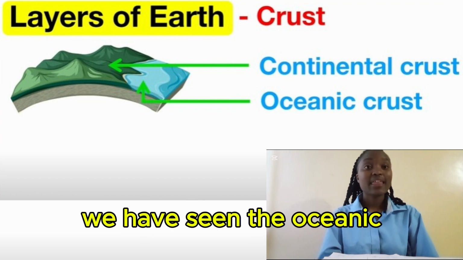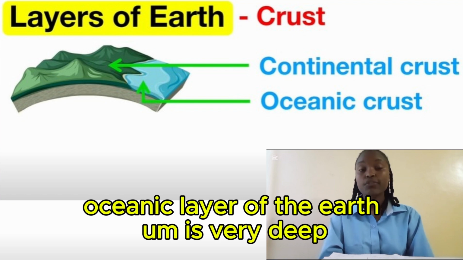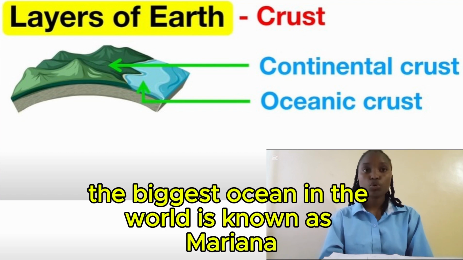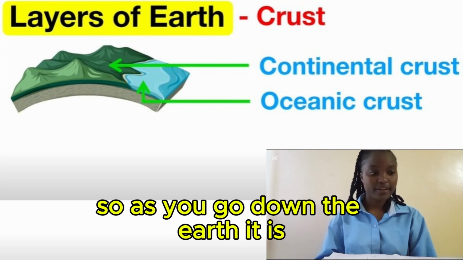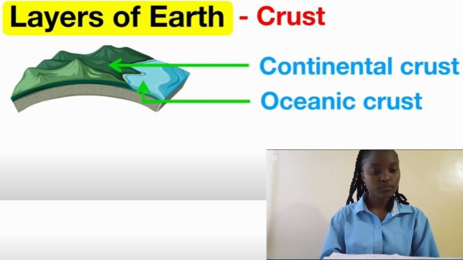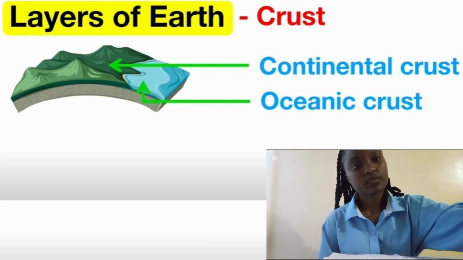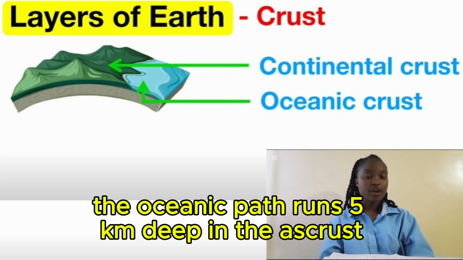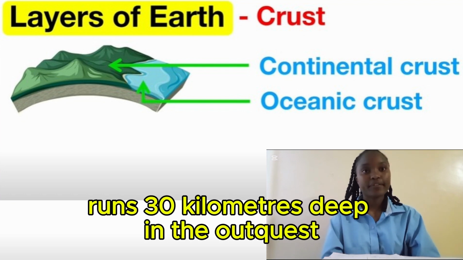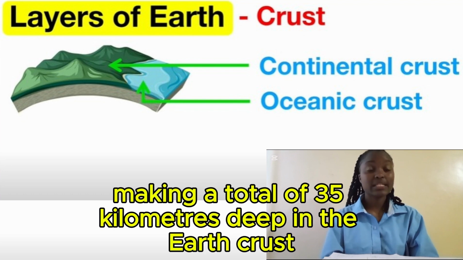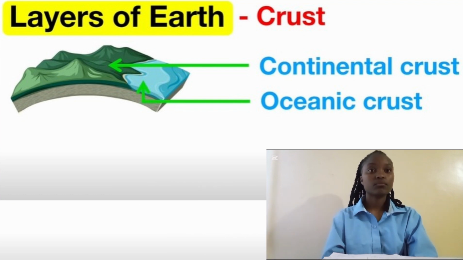Okay, we have seen the oceanic layer of the earth is very deep. Let's say the deepest part of the ocean is known as the Mariana Trench. So I was saying the oceanic part runs 5 kilometers deep in the earth crust, while the continental crust runs 30 kilometers deep, making a total of 35 kilometers for the crust layer.